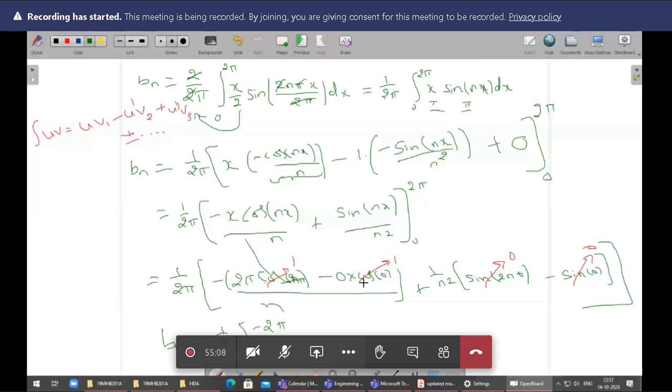Finally we get minus 1 by n as b n. The value of b n is minus 1 by n, where n is always greater than 0, because n in b n starts from 1 onwards.